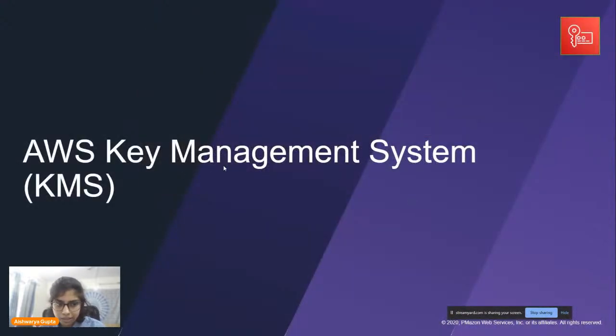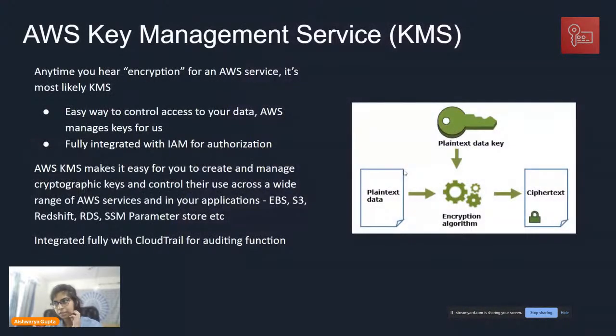So let's start with AWS Key Management Service. Anytime in AWS we talk about encryption of data, we talk about KMS. Let's see what encryption basically is. There's some data that you want to encrypt, so you use a plain text data key and an algorithm, and you encrypt that data.